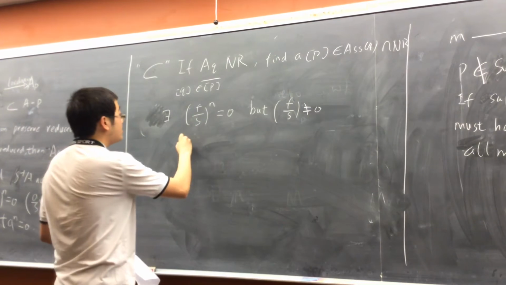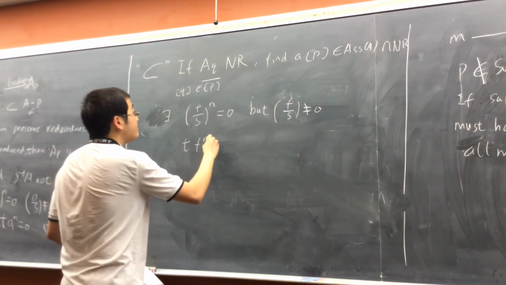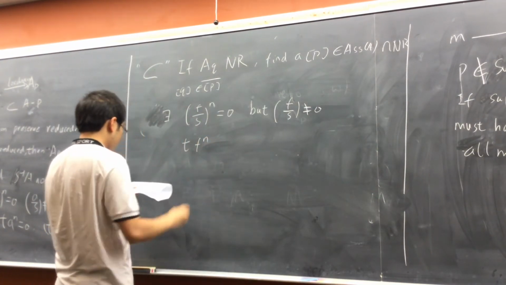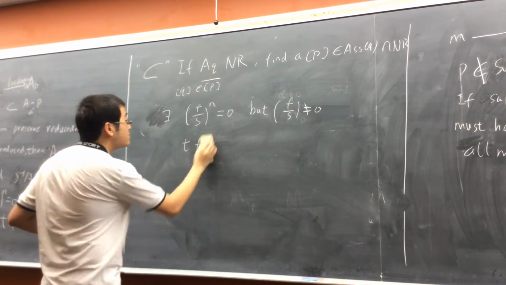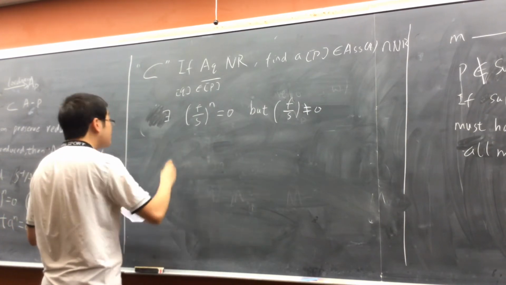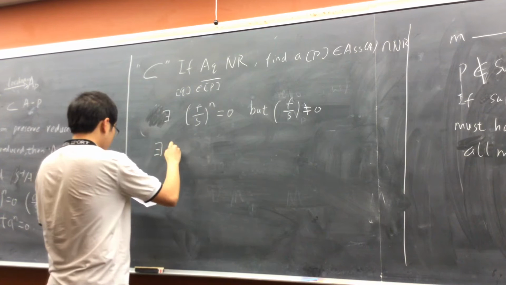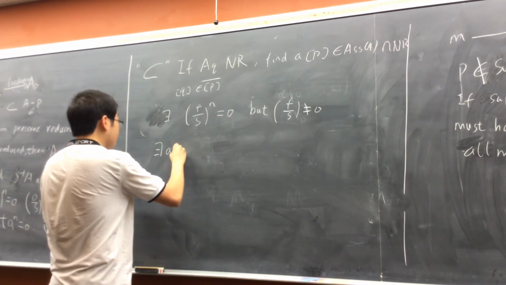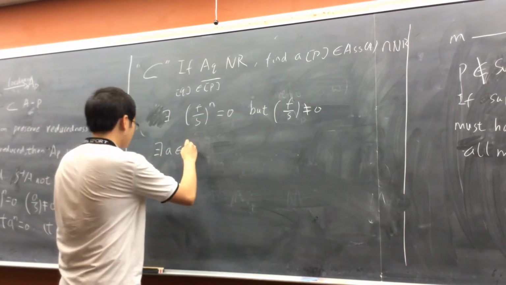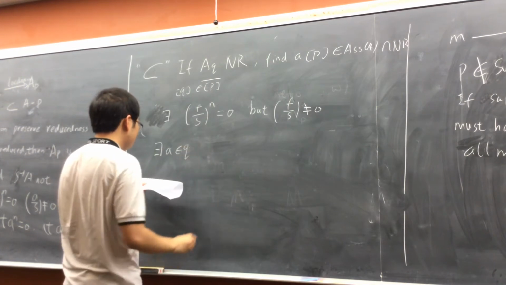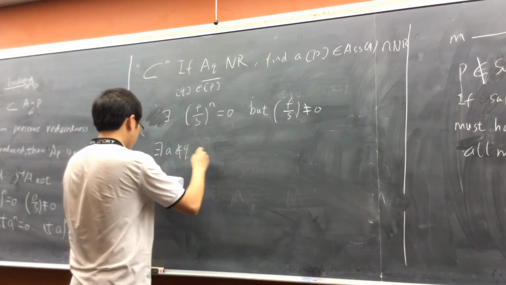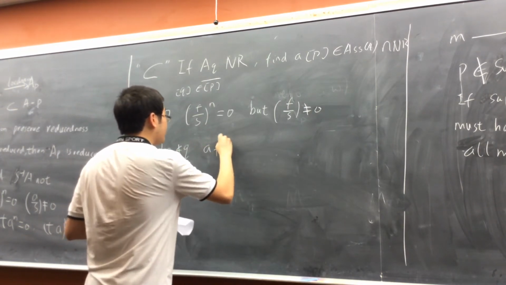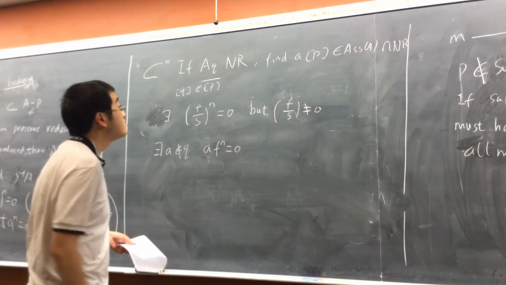And again, this means there exists A not in Q such that AFN is equal to 0.